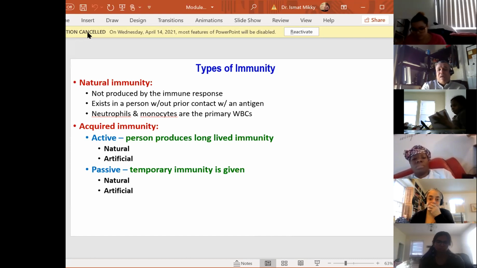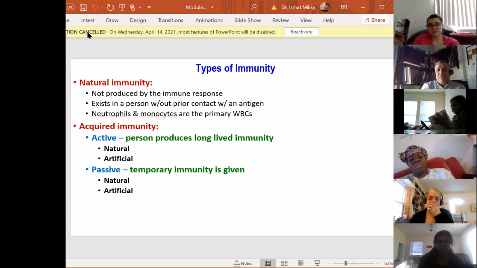For example, acquired active natural immunity is when a baby or infant gets infected with chickenpox, mumps, or measles and recovers from the disease. Their body is able to fight the disease and produce the antibodies for that specific disease.